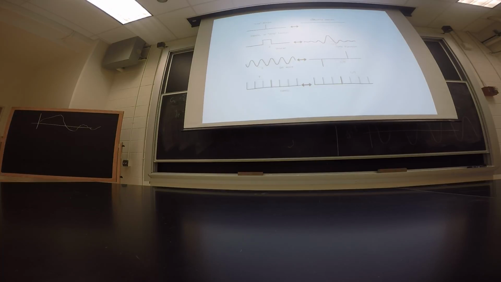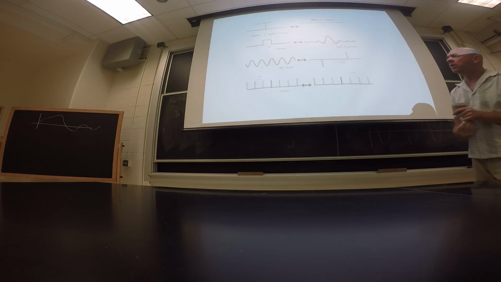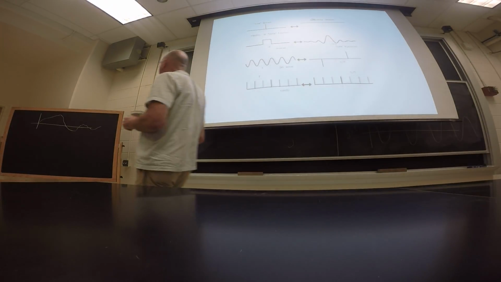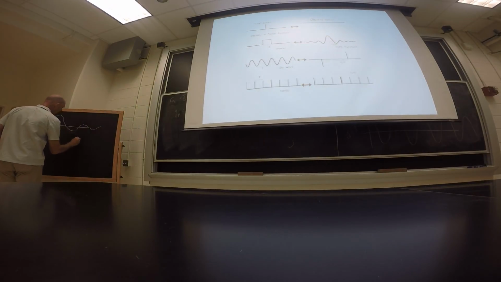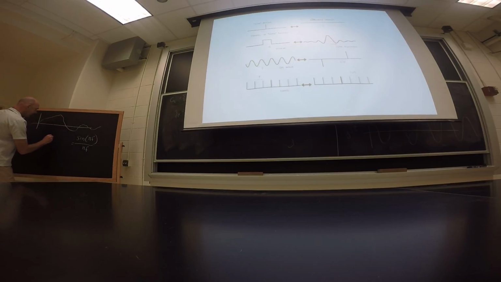So the Fourier transform of that is what's called a sinc function, which is defined as sine pi f over pi f. So this is the sinc function, which is the Fourier transform of a boxcar.